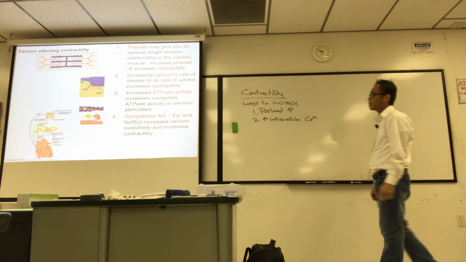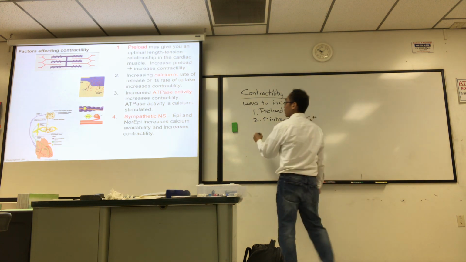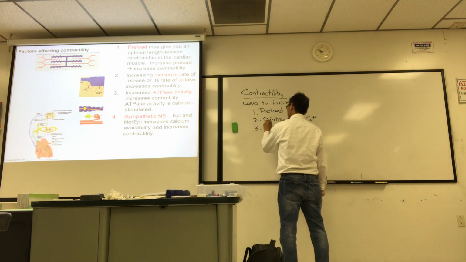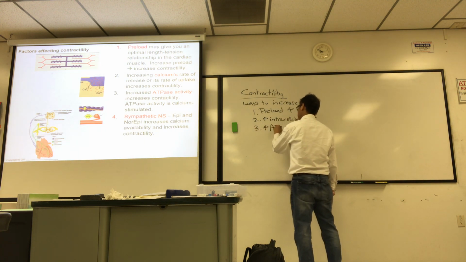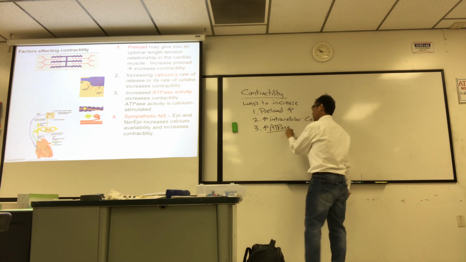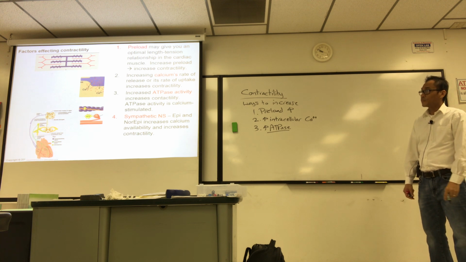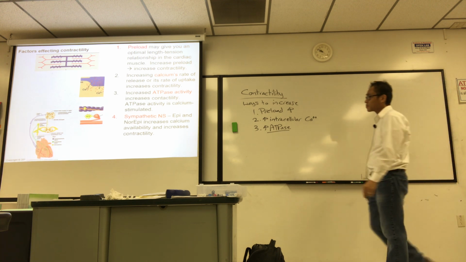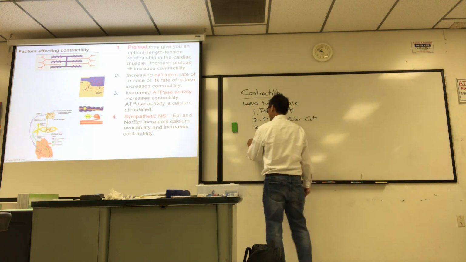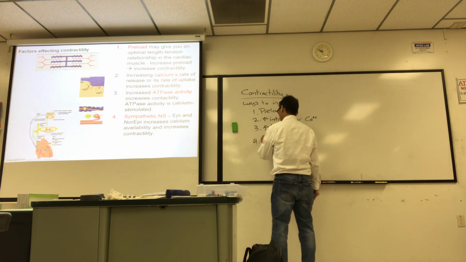Number three, increase the activity of an enzyme, ATPase. That'll speed up the cross-bridge cycle, if you get that enzyme that breaks down ATP more. Number four, sympathetic.